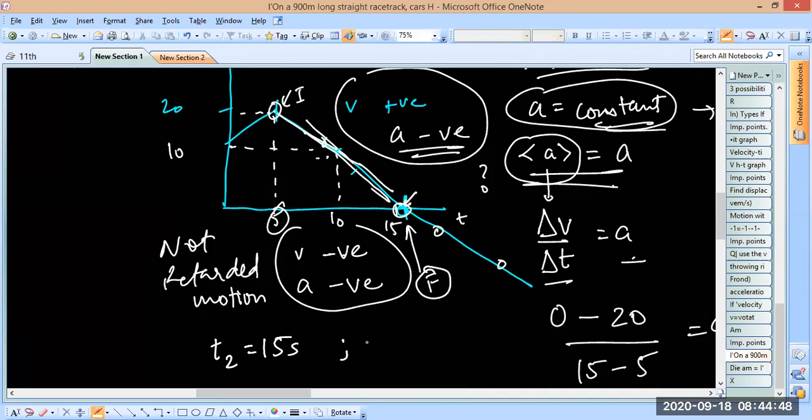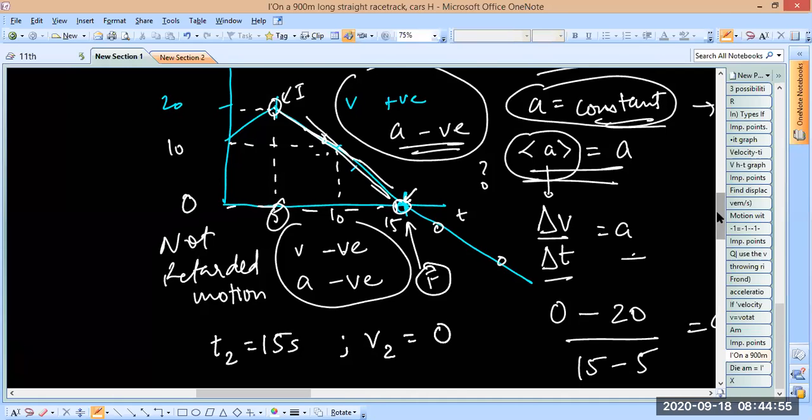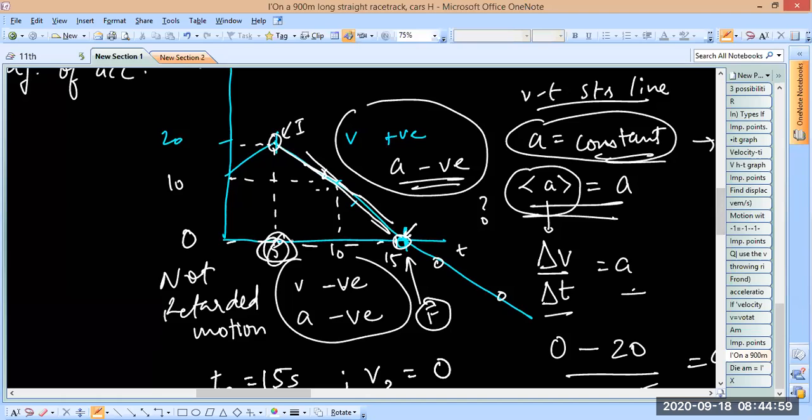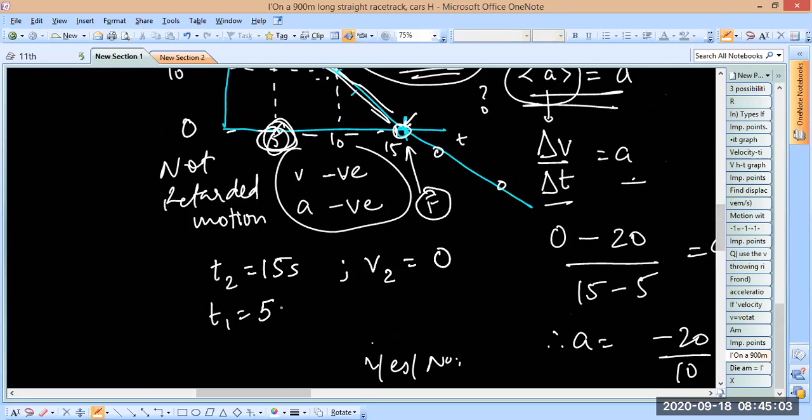What is final velocity? Let's say v2 is equal to 0. I hope you realize that it is 0 here. Similarly, I'm taking initial time as 5 seconds, and initial velocity 20 meter per second.